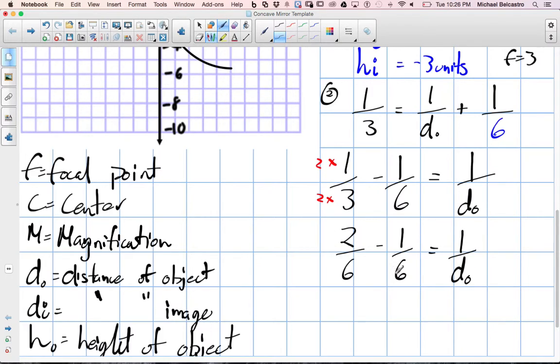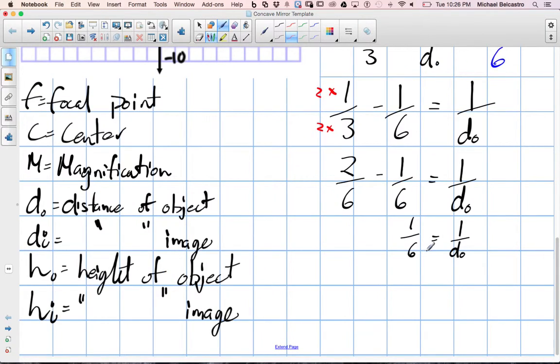And 2 over 6 minus 1 over 6 is just going to be 1 over 6, which is equal to 1 over the distance of the object. And if we quickly cross multiply, we get that the distance of the object is equal to 6.